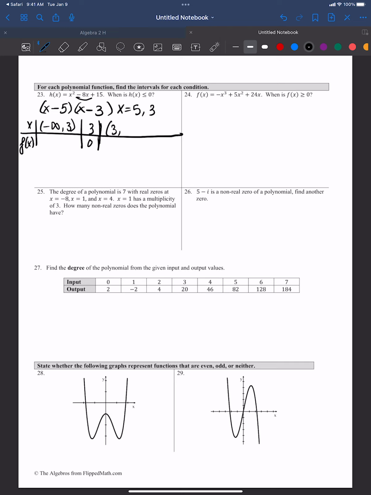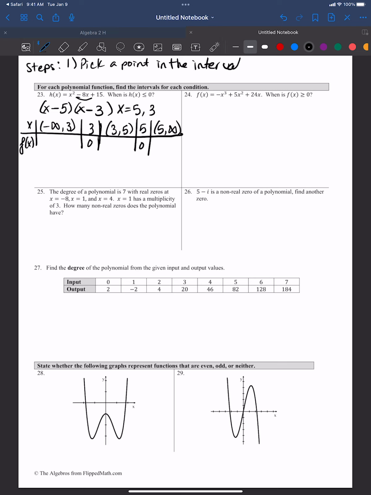Then I have from 3 to 5, 5, which again is another 0, and then 5 to positive infinity. Now, what you have to do, and I'm not going to do it for you, I will just write in some little steps, is your step 1 is pick a point in the intervals.